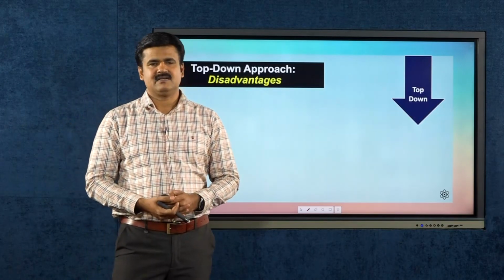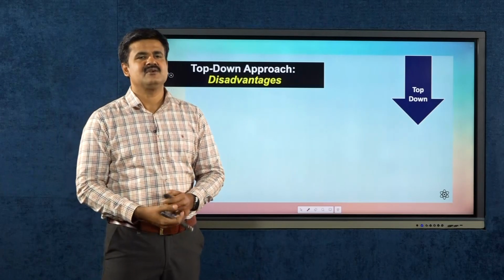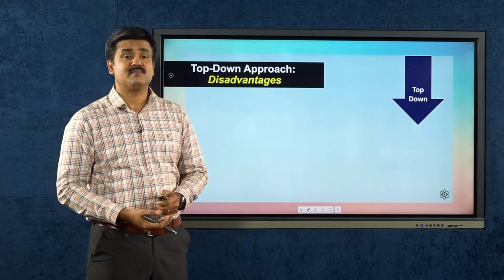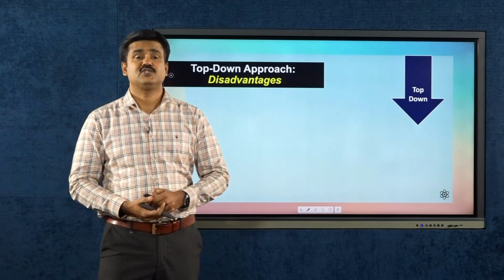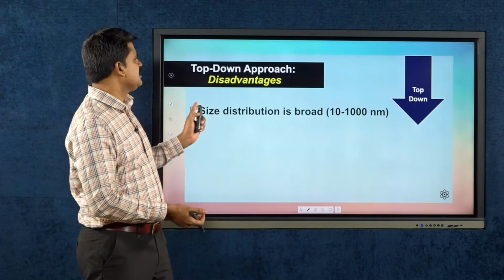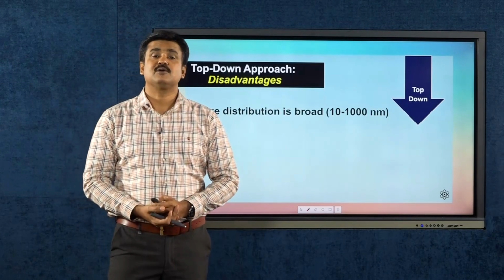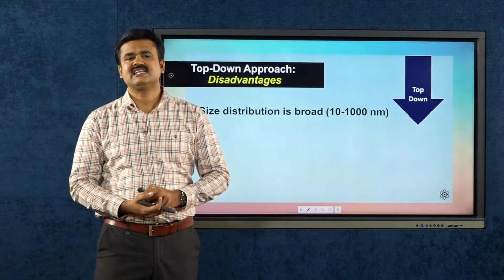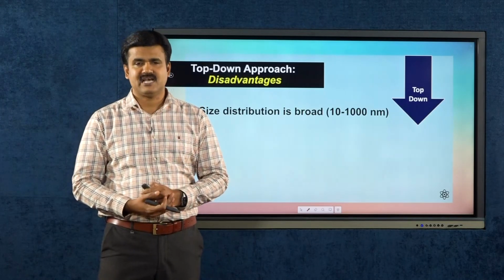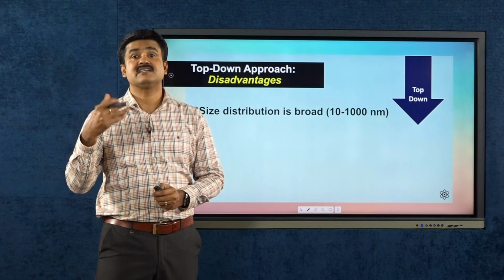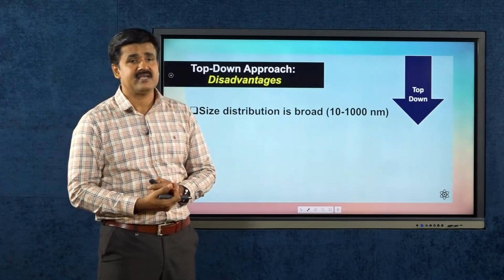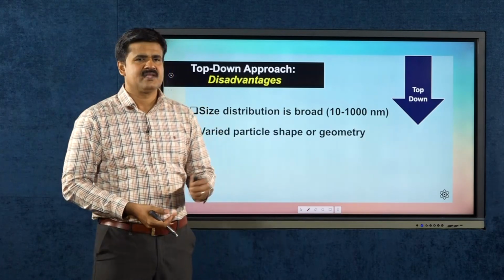For every method, there are disadvantages also. Here are some notable disadvantages of the top-down procedure. The size distribution is broad, in the range of 10 to 1000 nanometers. Differently sized nanoparticles are obtained by the top-down approach.